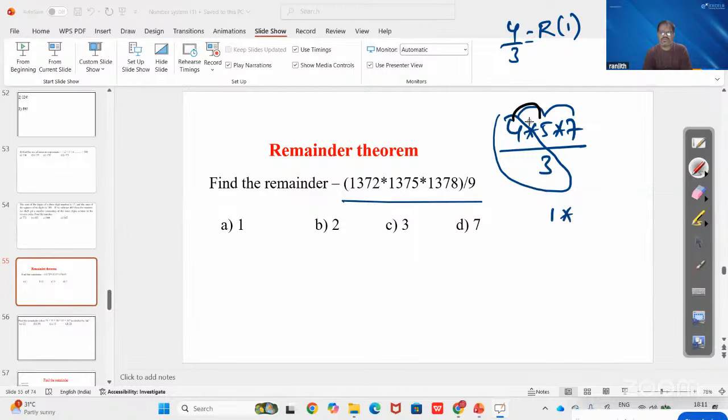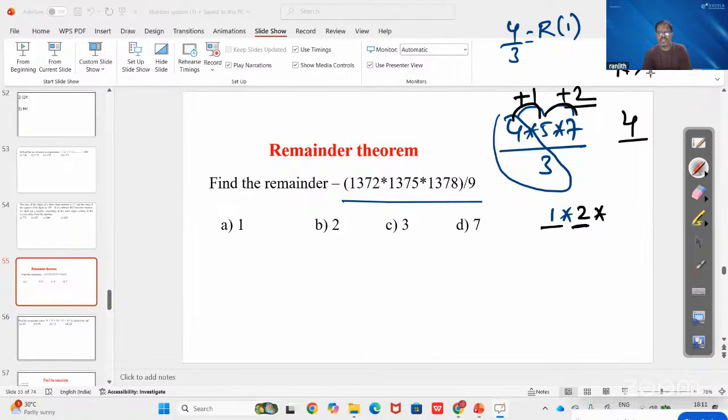The difference of 4 and 5 is plus 1. Already I got remainder 1, so 1 plus 1 equals 2. The next is 5 to 7, which is plus 2. Already I got 2 as the remainder, so 2 plus 2 equals 4. 4 is more than the denominator.